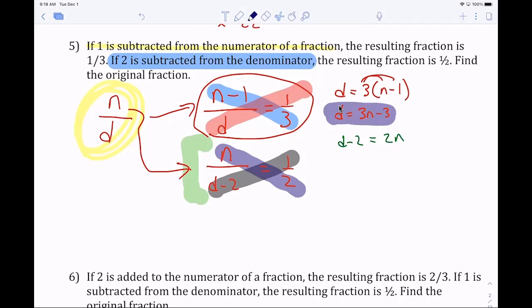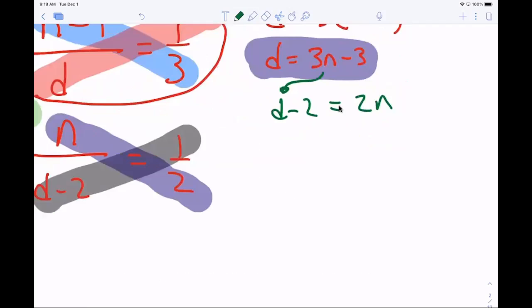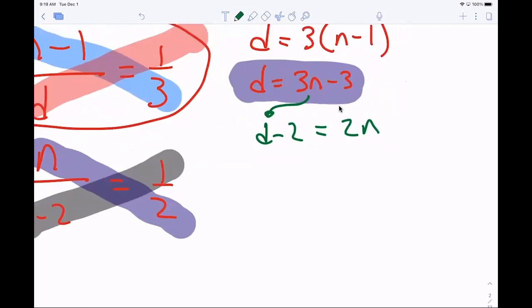Wherever I see a D, I can put what? 3n minus 3. This is going in right there. Where that D is, I'm putting 3n minus 3. So let's see if you understand me. This D right here becomes 3n minus 3, minus 2 equals 2n.